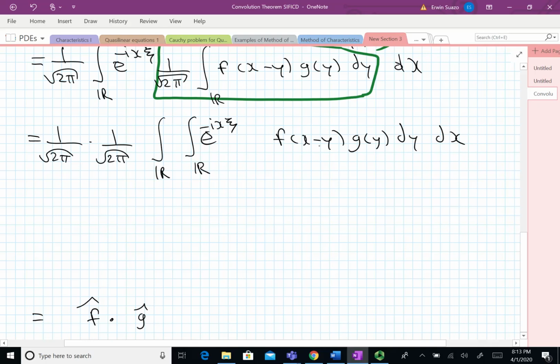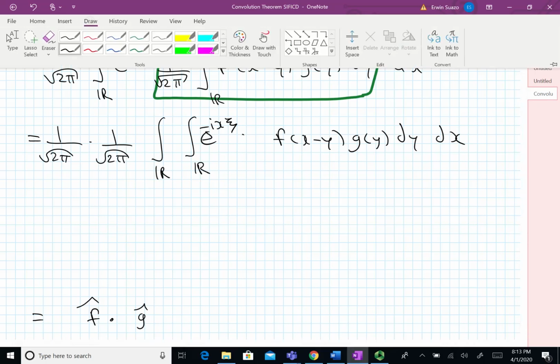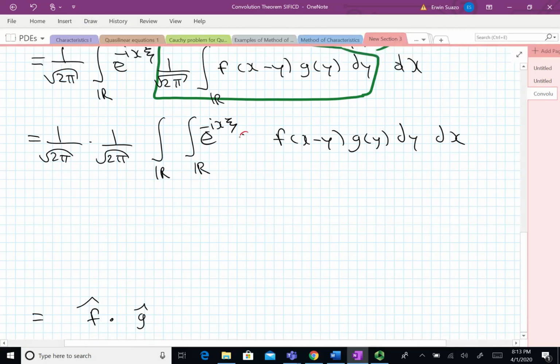So I need room. So I need to have here, let me put it in red, I need to have e to the i, let's call it some theta y.